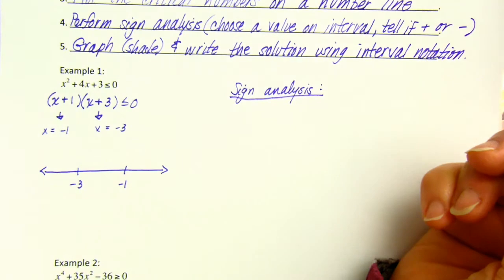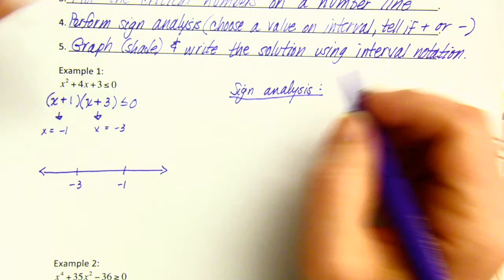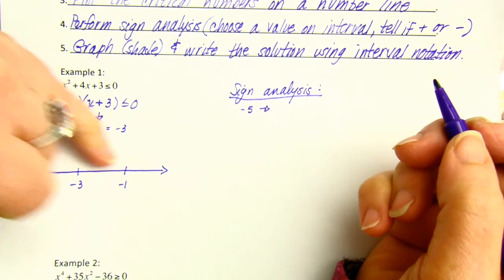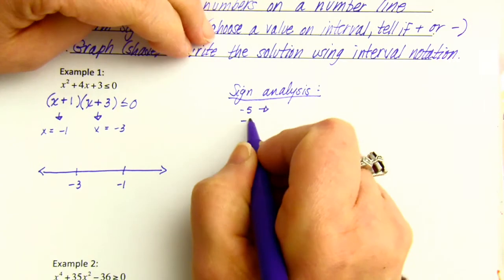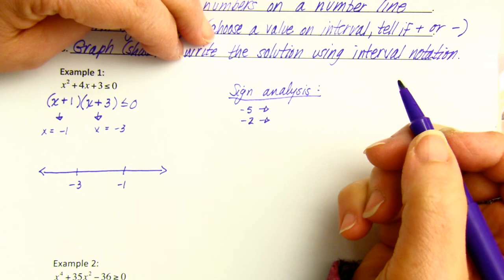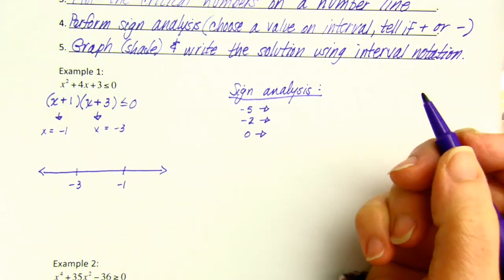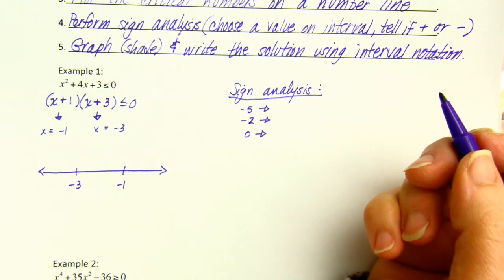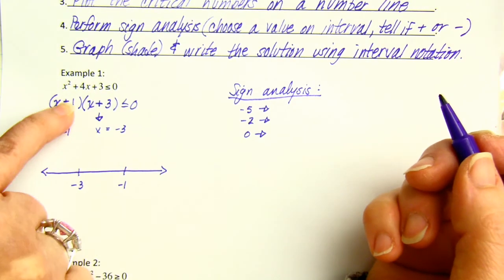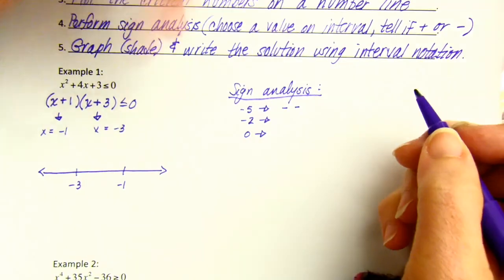To the left of negative 3, I'm going to choose a negative 5. In between, I'm going to pick a negative 2. And to the right of negative 1, I'm going to pick a 0 to do my sign analysis. Now remember, I'm putting a negative 5 in for these x's. Negative 5 plus 1 is negative. Negative 5 plus 3 is negative. Folks, you can't just say it's negative, negative. You have to give the result.